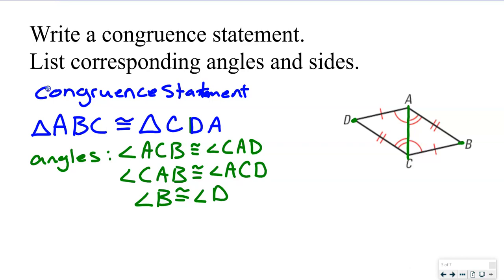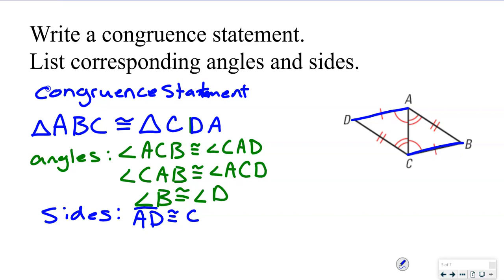Now our sides. We start off with the ones that have 1 tick mark. If I have side AD, that would have to be congruent with side CB.